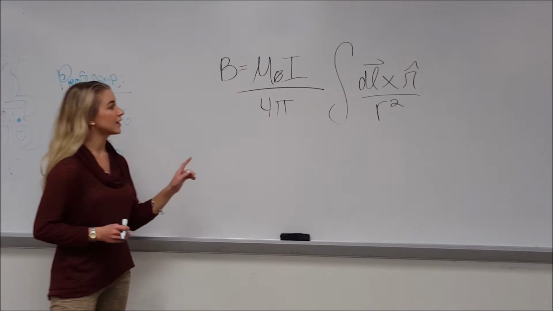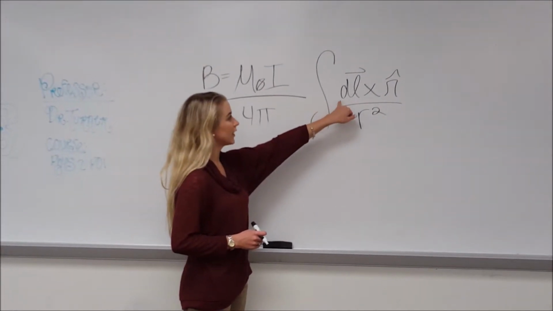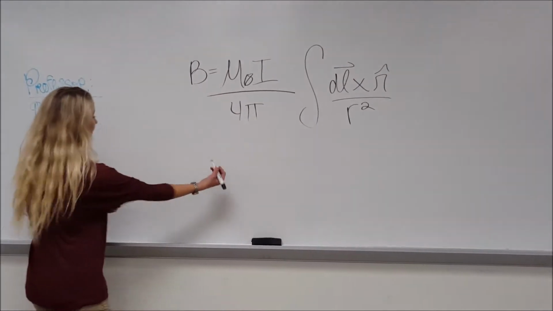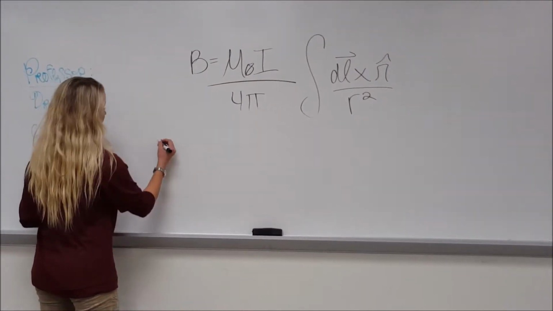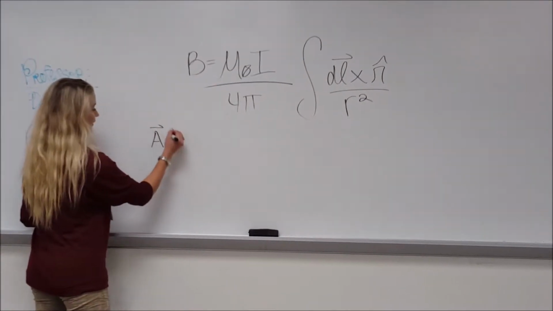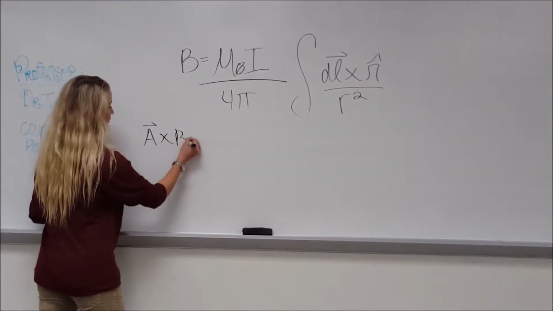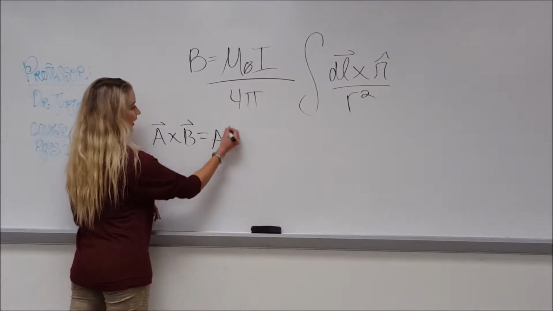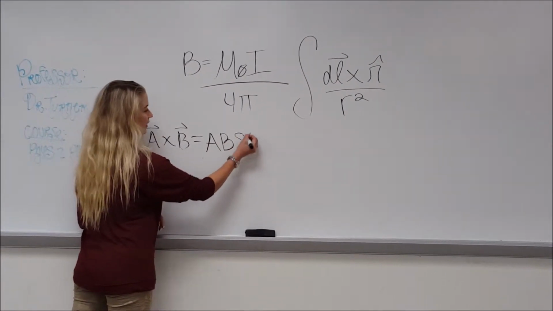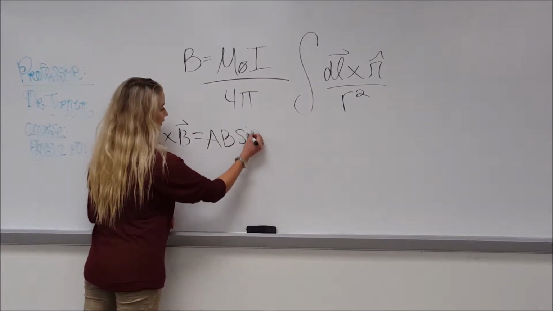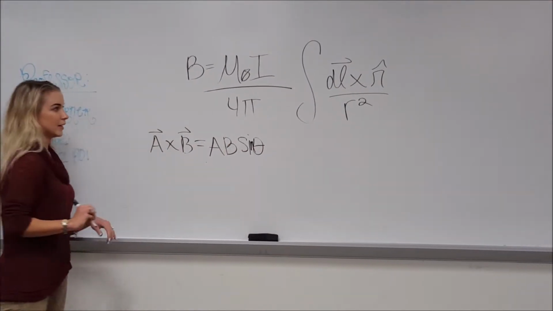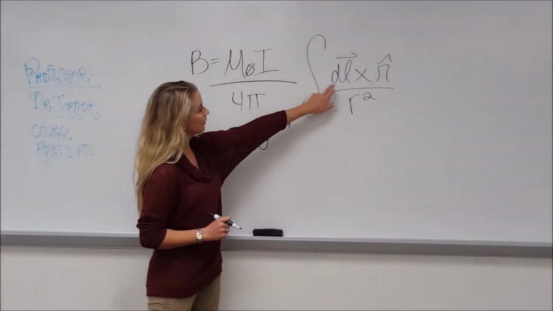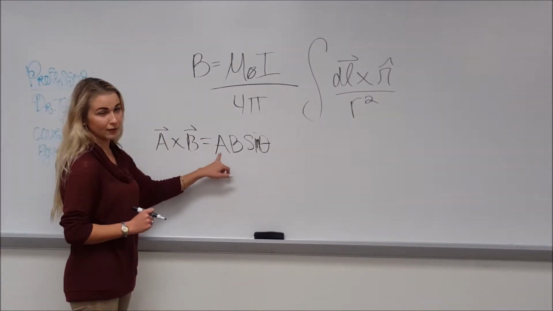So typically students get very intimidated by the vector dl cross your unit vector r. However, we know from cross multiplication that if you have a vector A cross vector B, you're left with the magnitude of A times the magnitude of B times sine of theta, the angle in between your A and B. Now, if we take the magnitude of dl, we're still left with dl.